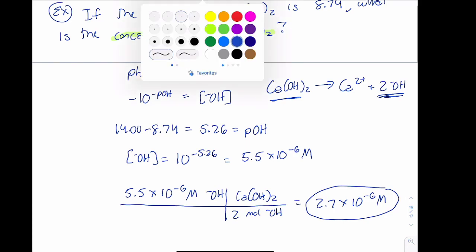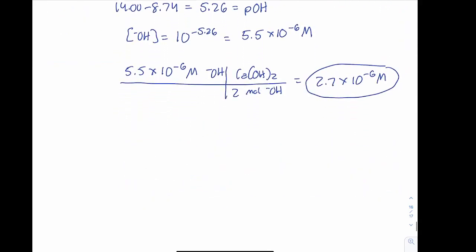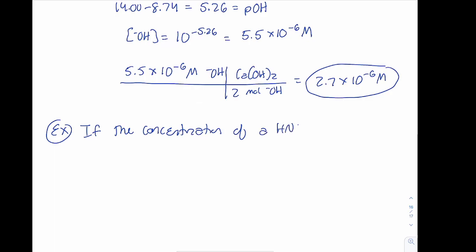I'm going to do another example. I just kind of want you to work through some on your own. So let's say the concentration of a nitric acid solution is 2.74 times 10 to the negative 8th molar.